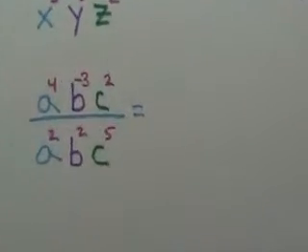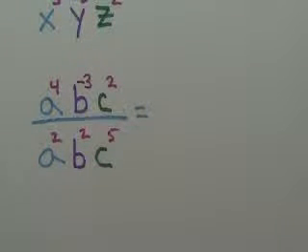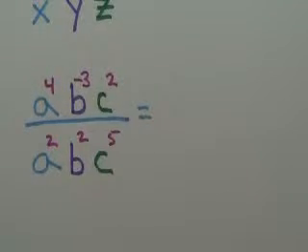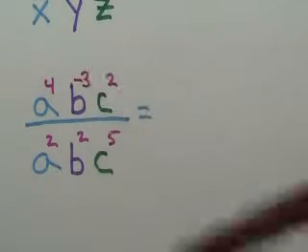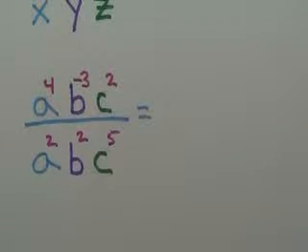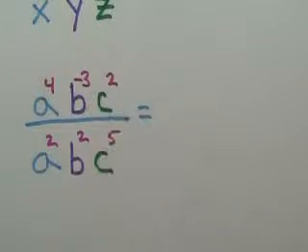Okay, so our last example. If you notice, a little tricky, I have a negative exponent right there, negative 3. Remember, we don't want a fraction bar, so we're not going to be moving it down.